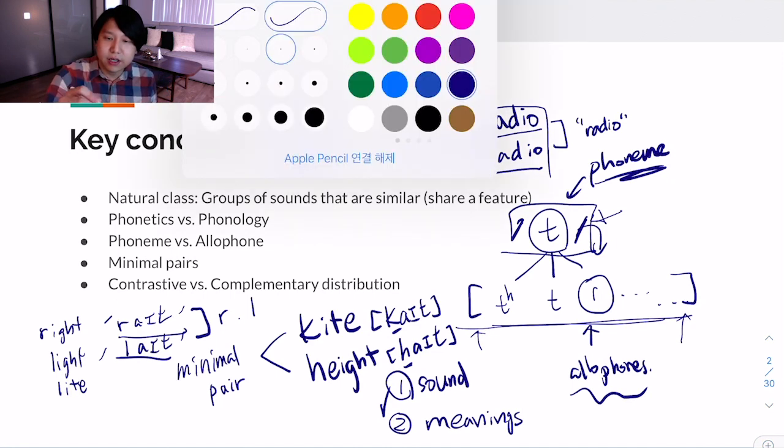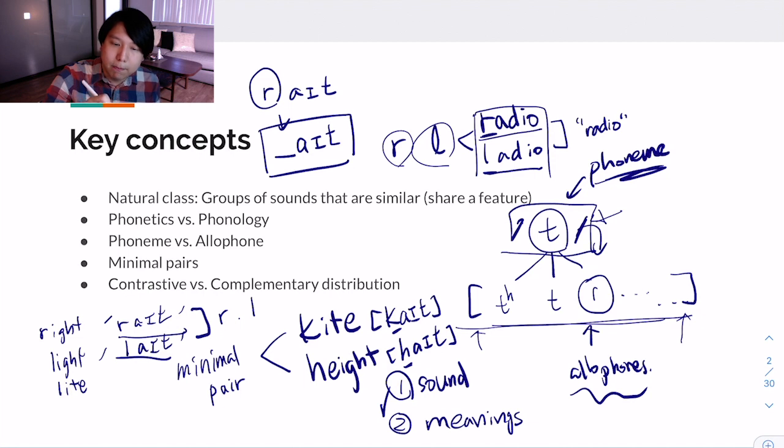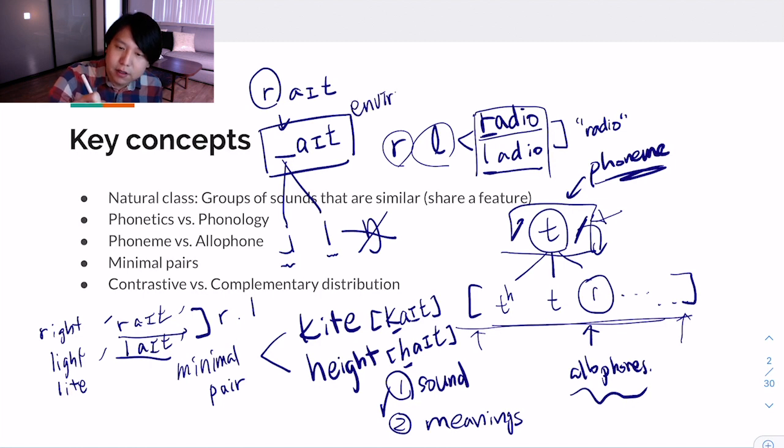And here in English, both sounds R and L can be in there. But for example, the velar nasal "ng" sound can't be there in that environment. In light, in English, is there a word with that sound in light? No. So this consonant cannot go in that environment, but these two can, "ra" and "la".